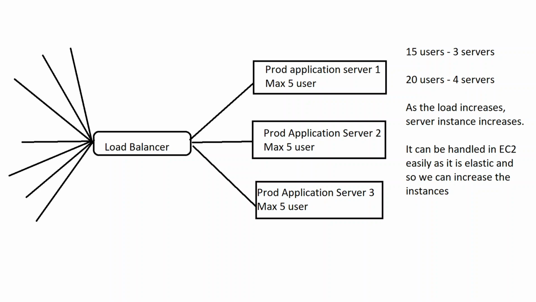Suppose your application is an e-commerce website like Amazon or Flipkart. They have those Big Billion Days. On such days, you see a sudden increase in the traffic. At that time you want to scale up your infrastructure to meet the additional load, so you need additional instances. By using AWS EC2, the Elastic Compute Cloud, we can increase the number of instances.